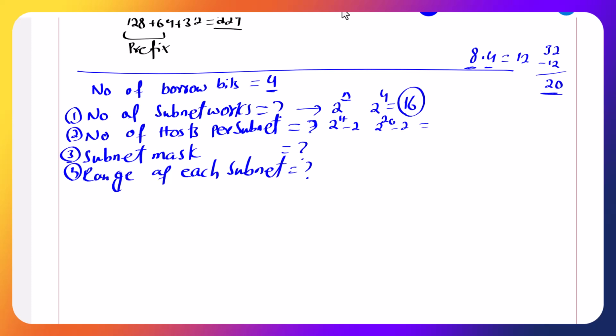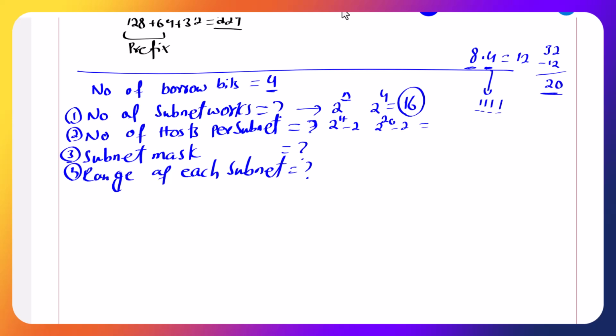Subnet mask: in the second octet how many bits are on? 4 bits are on. What is the value of these? 128 plus 64 is 192, plus 32 is 224, plus 16 means 240.